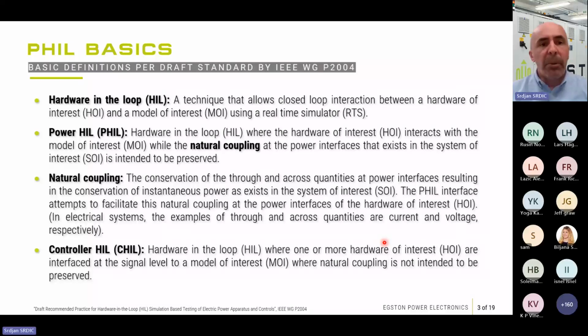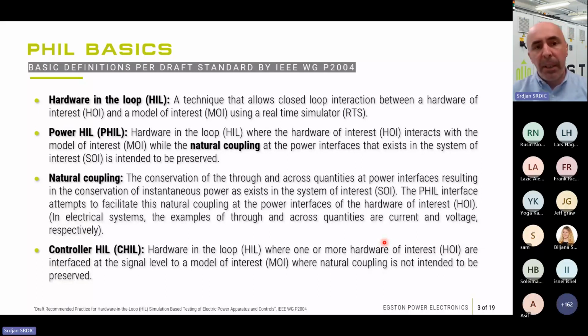With that, we would also need to define a little bit of basic terminology of HIL and power HIL. This part is not going to be super interesting, but we need to go through this so that we can establish the basis. Basically, as I already mentioned, hardware in the loop is a technique that allows closed loop interaction between the hardware of interest and the model of interest.